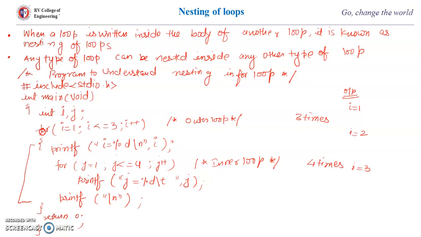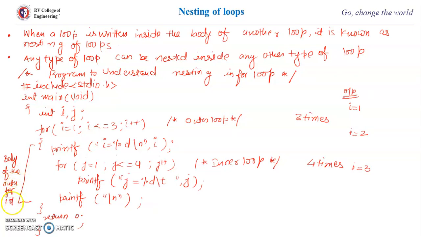See here, this for statement we have written, and then this is the opening curly bracket and this is the closing curly bracket, meaning this entire thing is the body of the outer for loop.